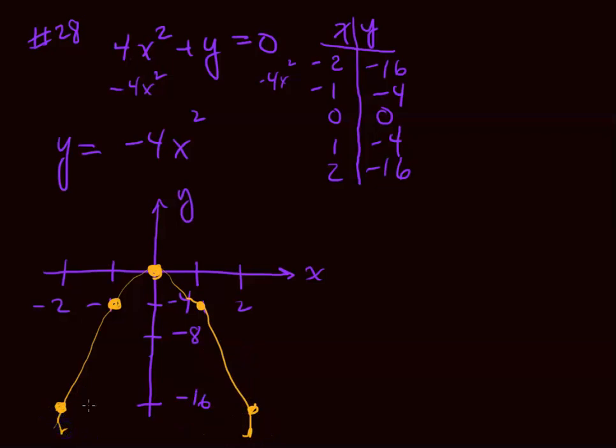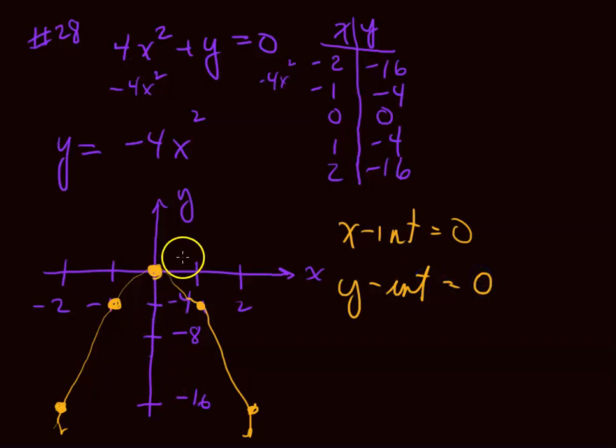Not too great, but okay. It says, find the intercepts. Well, it's nice to graph it first because then you can see where those intercepts might be. And in this case, the x-intercept is 0, and the y-intercept is also 0. So these are found.